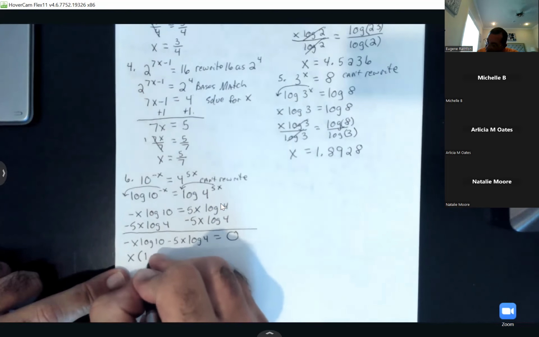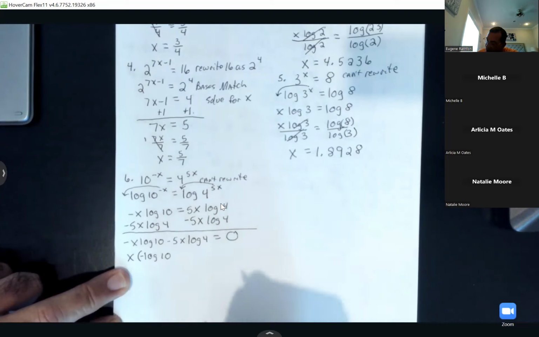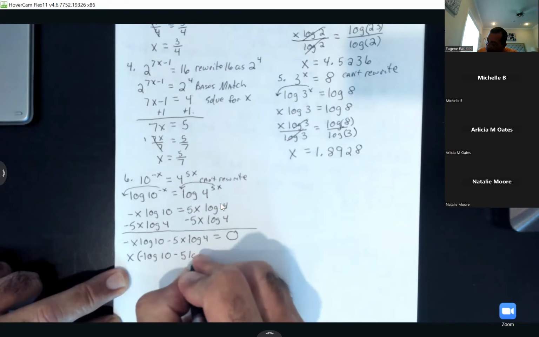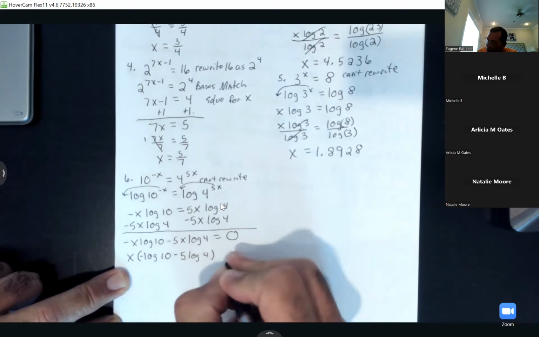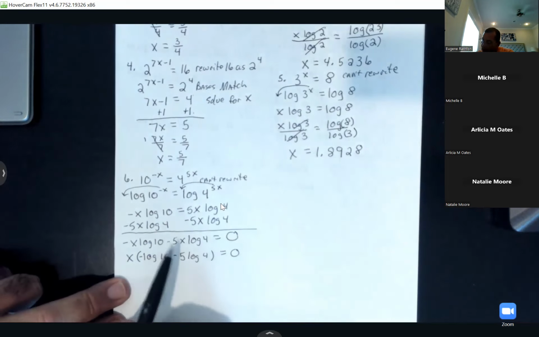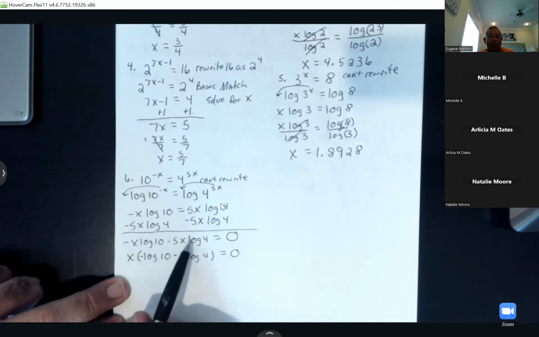In parentheses, we now have a negative log 10 minus 5 log 4, all equal to 0. I factored out that x as a GCF because that's the only way I can pull it out of these two terms.